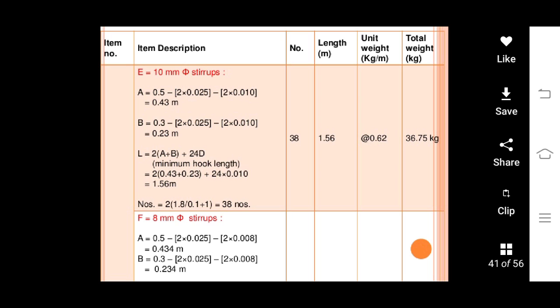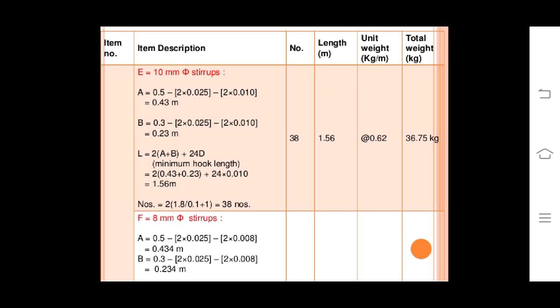The length of the stirrup is calculated by 2 times A plus B plus 24 times d, which is equal to 2 times 0.43 plus 0.23 plus 24 times 0.010, it is equal to 1.56 meters.